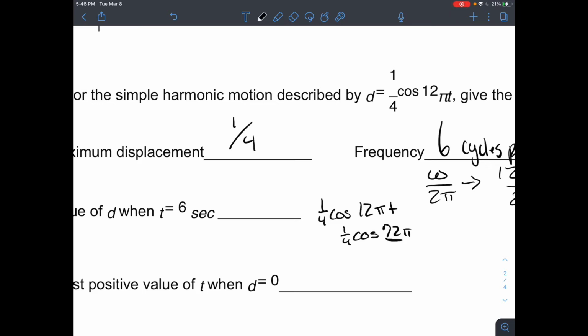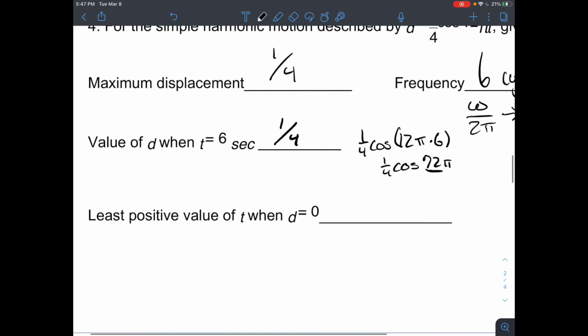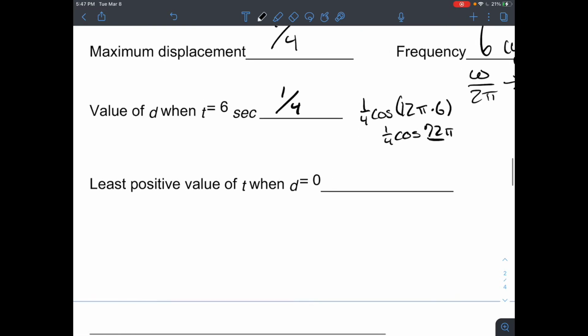And let's write this as this, times 6. So we know where we're getting that 72 from. We know that our cosine at 2 pi is 1, so that value of d, that displacement, is going to be 1/4. Now we're finding the least positive value of t.